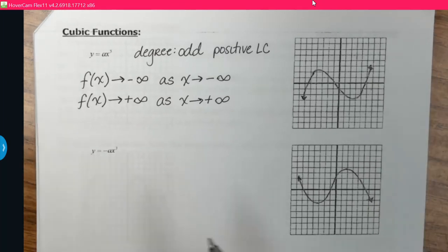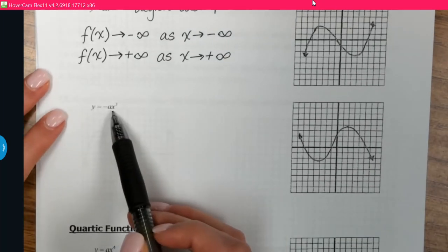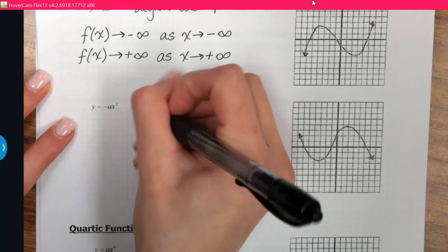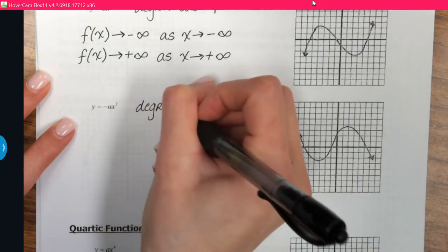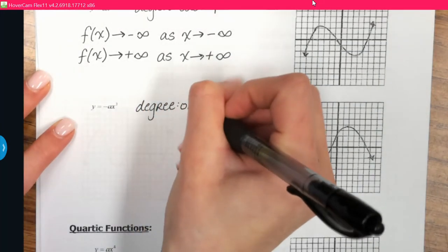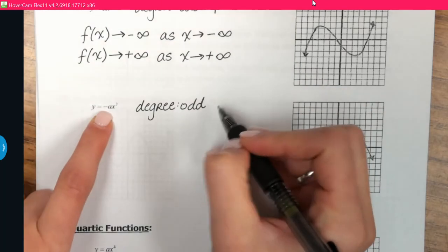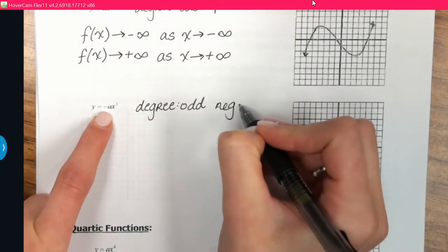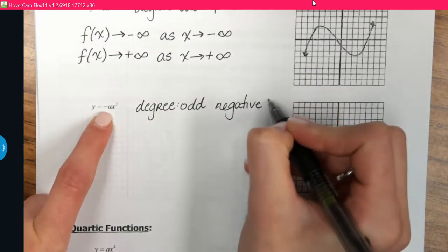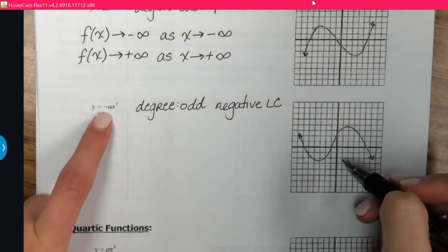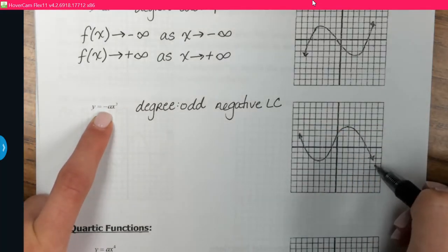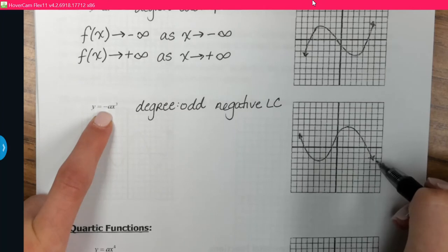Okay? So if I look at my y equals negative ax to the third power, if I can identify that my degree is odd, I'm going to look at my leading coefficient. I have a negative leading coefficient. So that means the right side, since it determines my right end behavior, should be going to negative infinity.